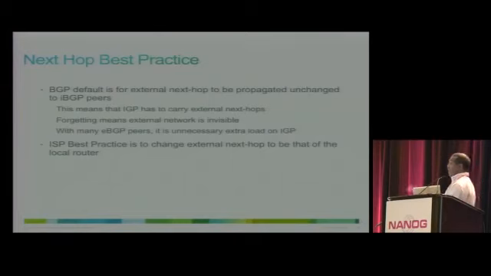Also, it reduces the load on the IGP. So usually the best practice is to do next-hop-self, which means instead of keeping the eBGP peering address as the next hop when it's advertised to iBGP, you override it with next-hop-self.